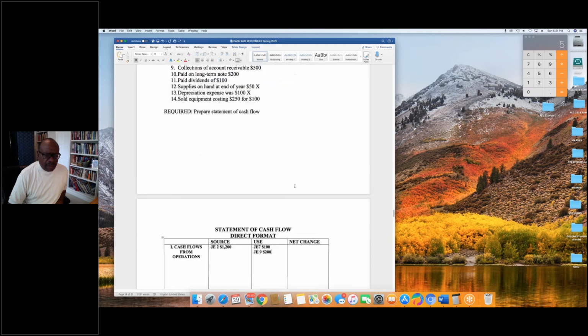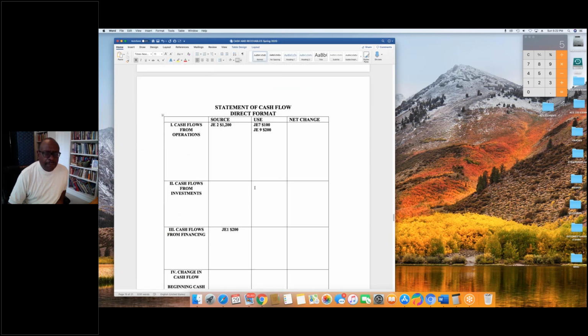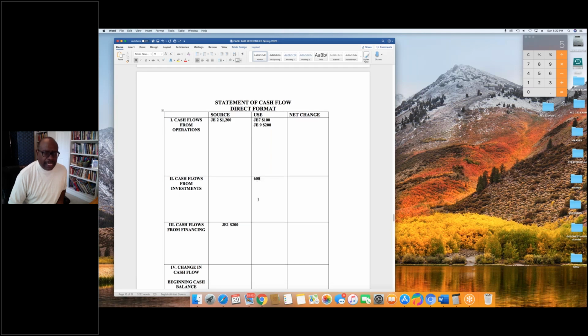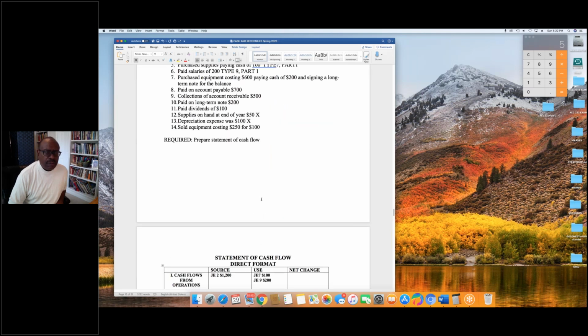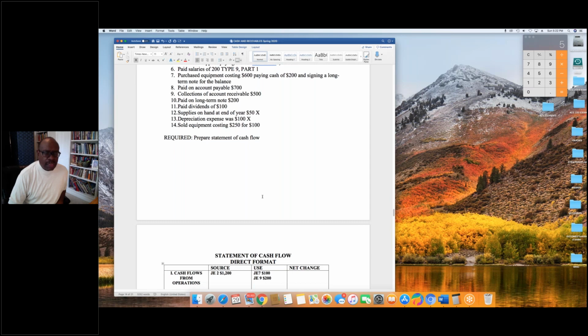We first of all have the purchase of an asset. And so we're going to show the total 600 here. So this is purchase of an asset. The asset was purchased with a loan also.